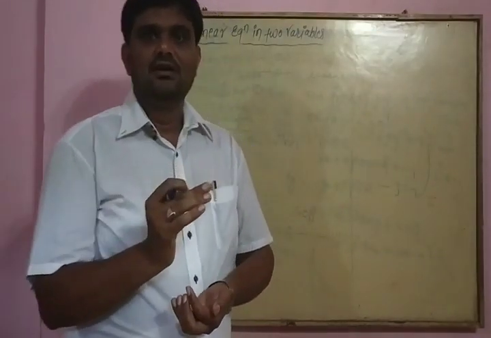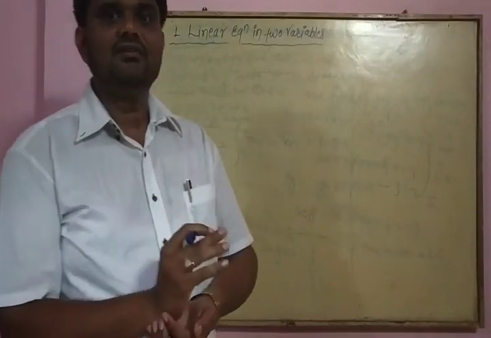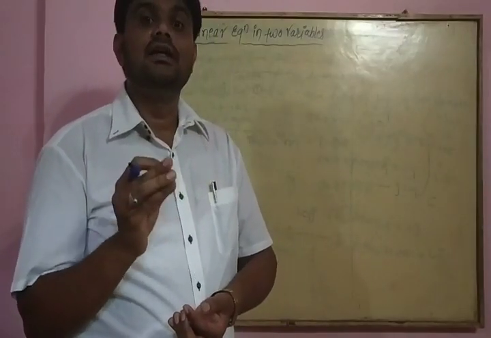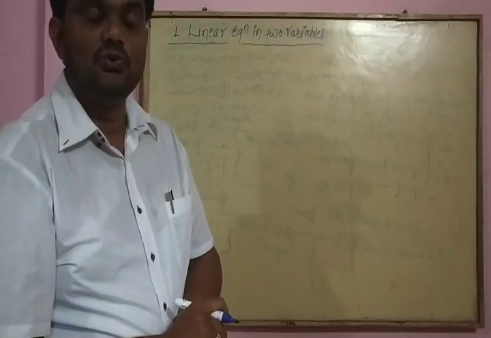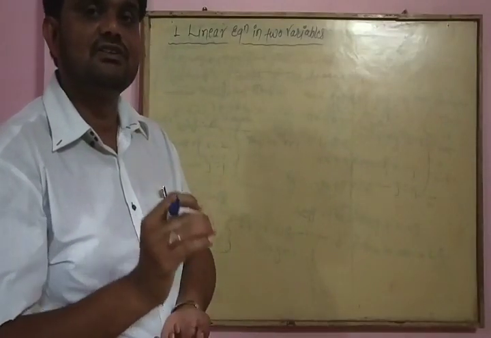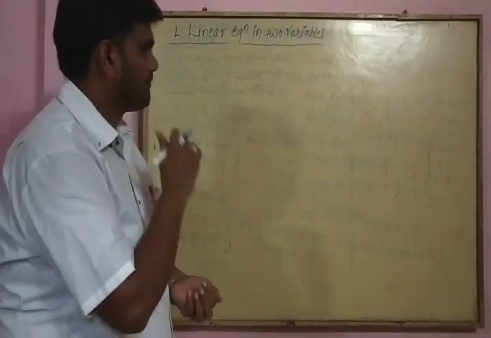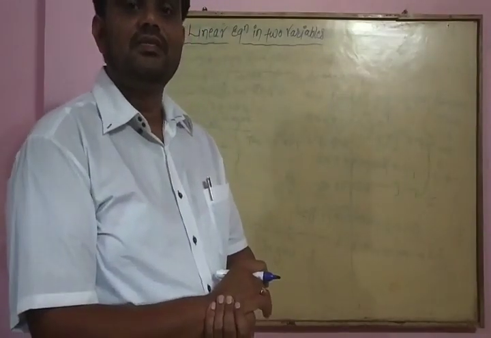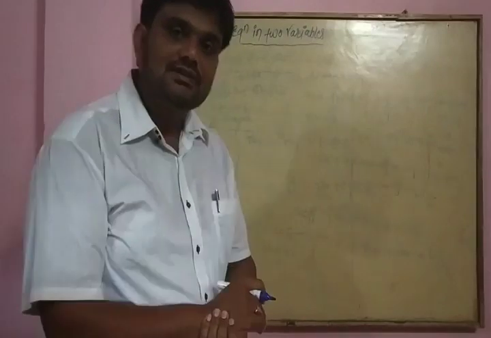Means the equation having degree 1 and containing two variables is known as a linear equation in two variables. Okay. Now we will proceed further to exercise 1.1 in this first lesson.